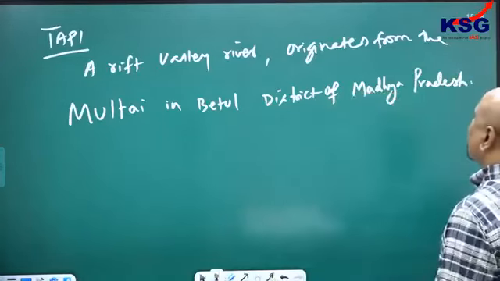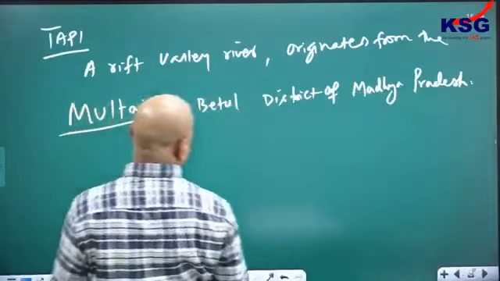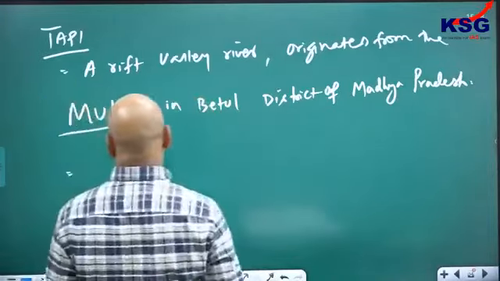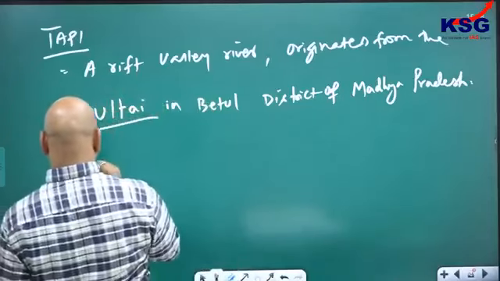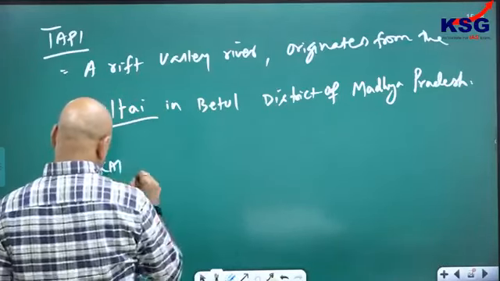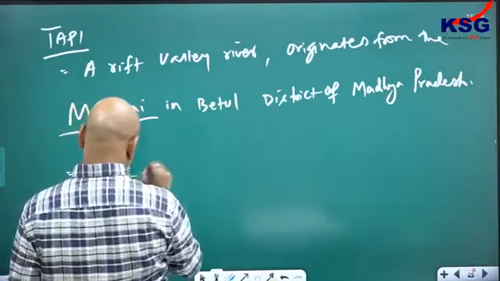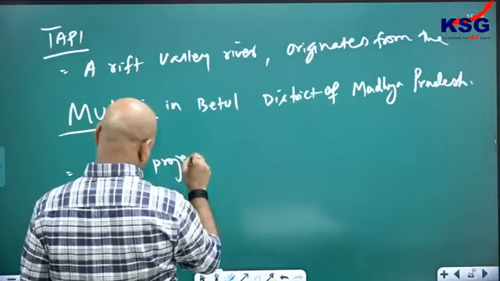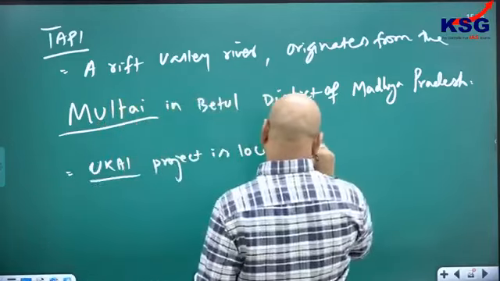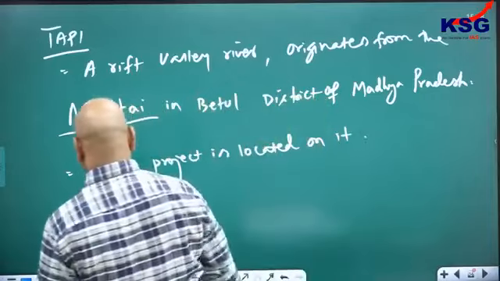A rift valley river originates from Multai in Betul district of Madhya Pradesh. Tapi. Ukai project is located on it.